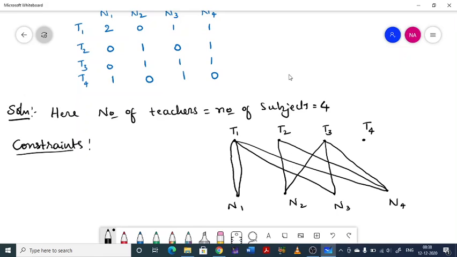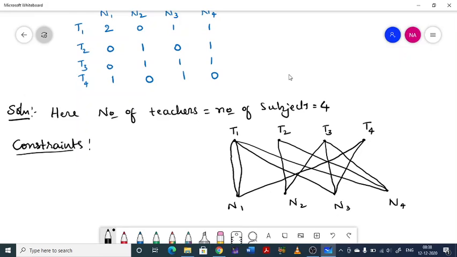T4 N1 you have one edge. T4 N2 no edge. T4 N3 there is an edge. T4 N4 there is no edge.